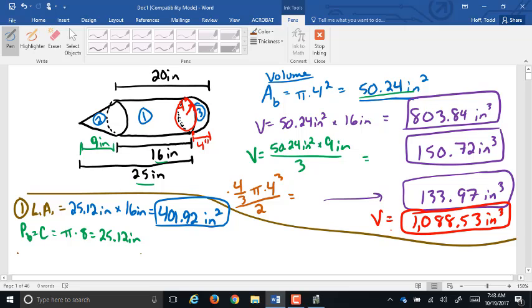Part 2 for the cone is also just a lateral area.